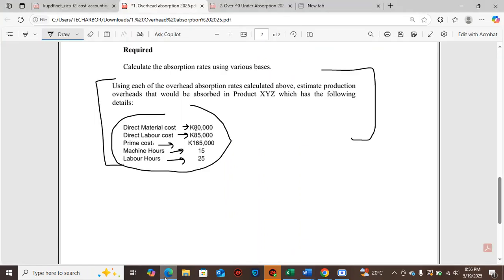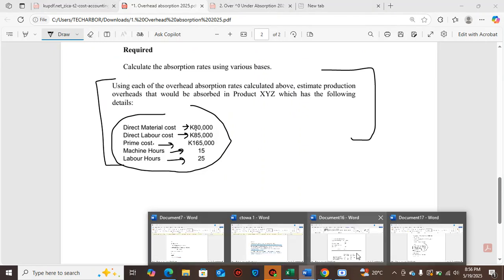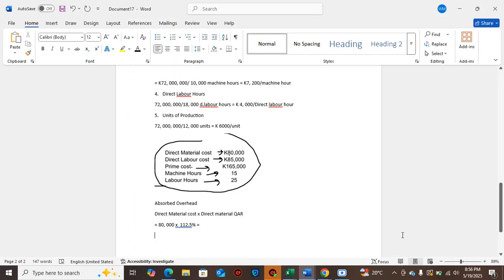Let's see, are they in millions here? Okay, these are in thousands. No, 80 multiplied by 112.5%.